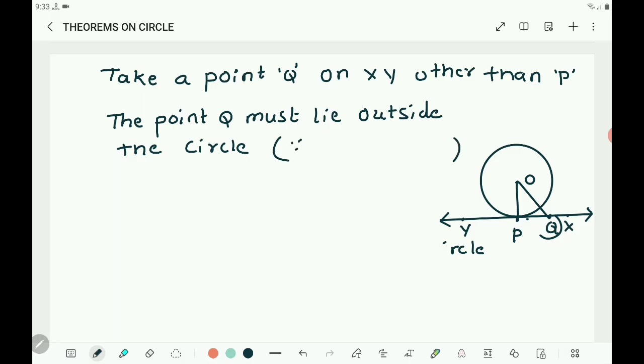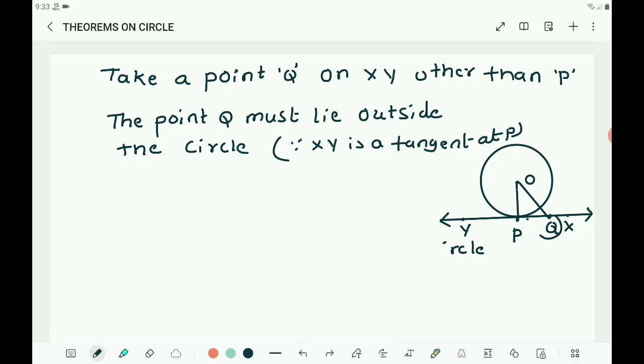Because XY is a tangent at P. So P lies on the circle. As P is the point of contact, Q must lie outside.